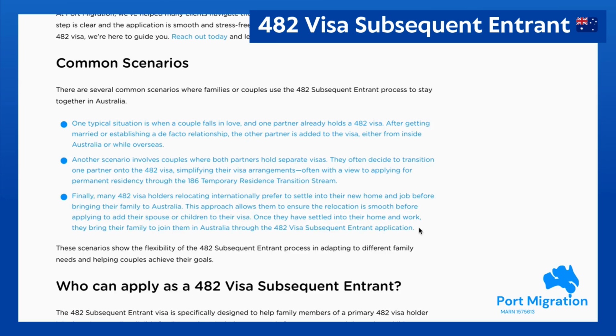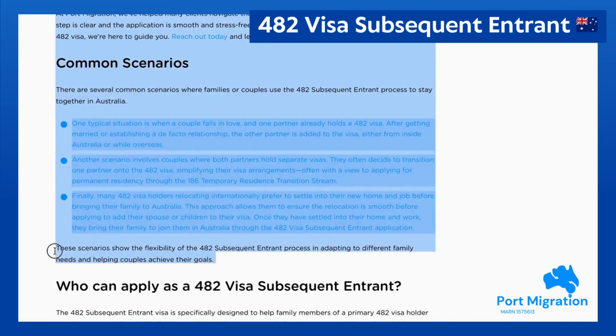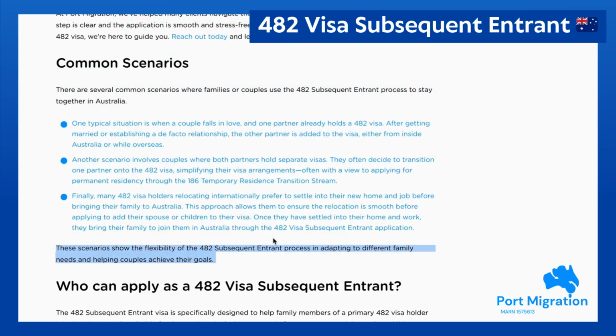Then once they've settled into their new home and new job, they bring their family to join them in Australia through the 482 visa subsequent entrant application. And they can choose this for a whole variety of reasons. Everyone's different. These scenarios show the flexibility of the 482 subsequent entrant process in adapting to different family needs and helping couples and families to achieve their goals.